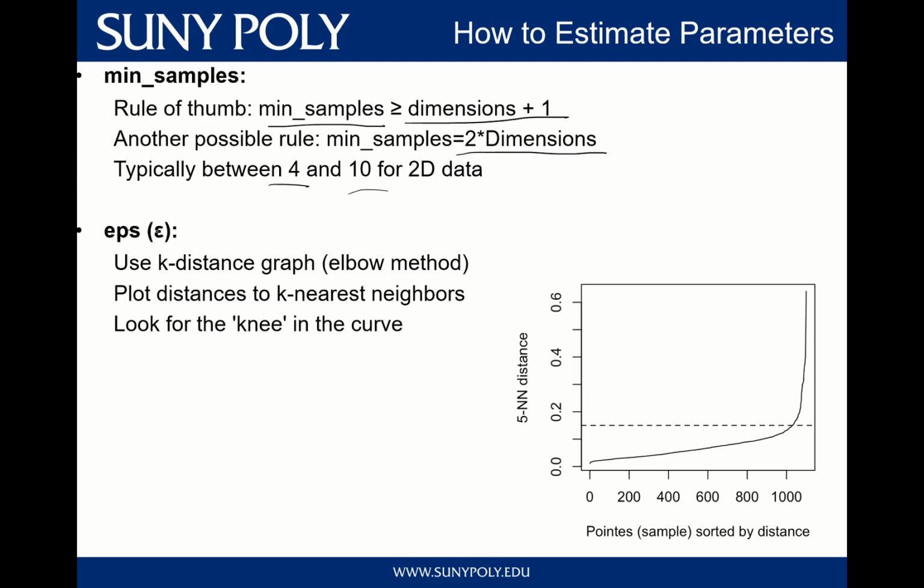Okay, then we have the second parameter, the EPS, or the distance. In order to do this, we need a k-distance graph. It's a simple graph. The idea is using the minimum number of points. Let's say that we define our minimum number of points to be 4. Then we create a 4-distance graph.